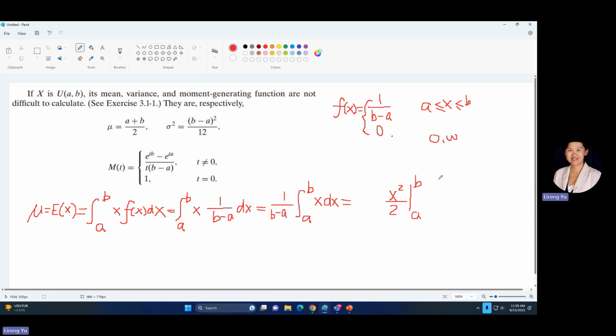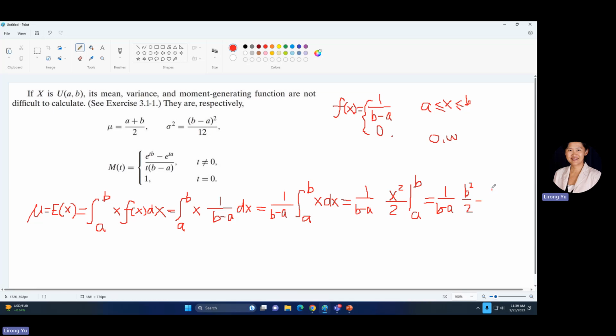This part is the integration process. So you integrate this, and the coefficient 1 over b minus a is still there as a fraction. All right, so now we plug in a and b. With 1 over b minus a, if you plug in b, it's b squared over 2.